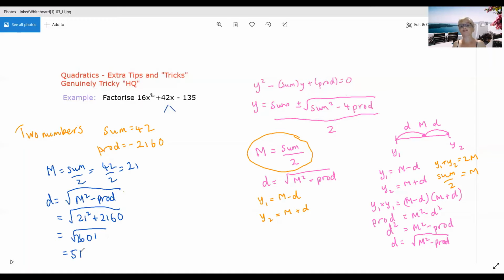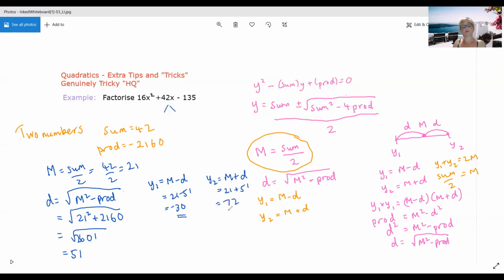Okay, so now we can find our y1 and our y2, our magic numbers, our useful numbers to divide up this middle term. So y1 is m minus d, so it's 21 minus 51, which is negative 30. Our second value will be m plus d, which is 21 plus 51, which is 72.